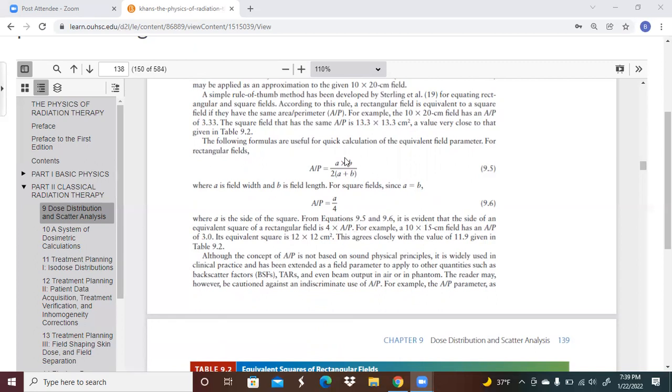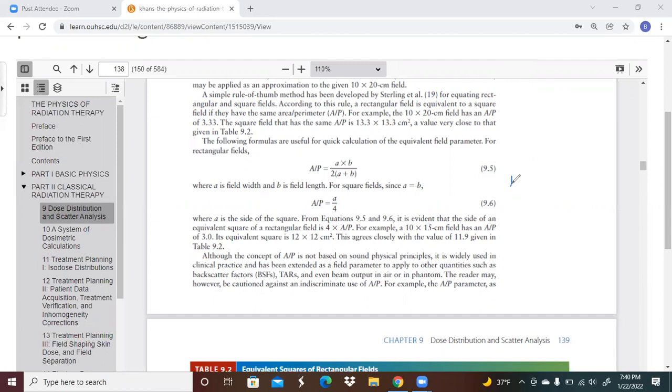So for a 10 by 15, if we run it through this particular formula here, let's see what we end up with. Okay, so let's see, 10 by 15? I'm going to assume this is the width and this is the length.